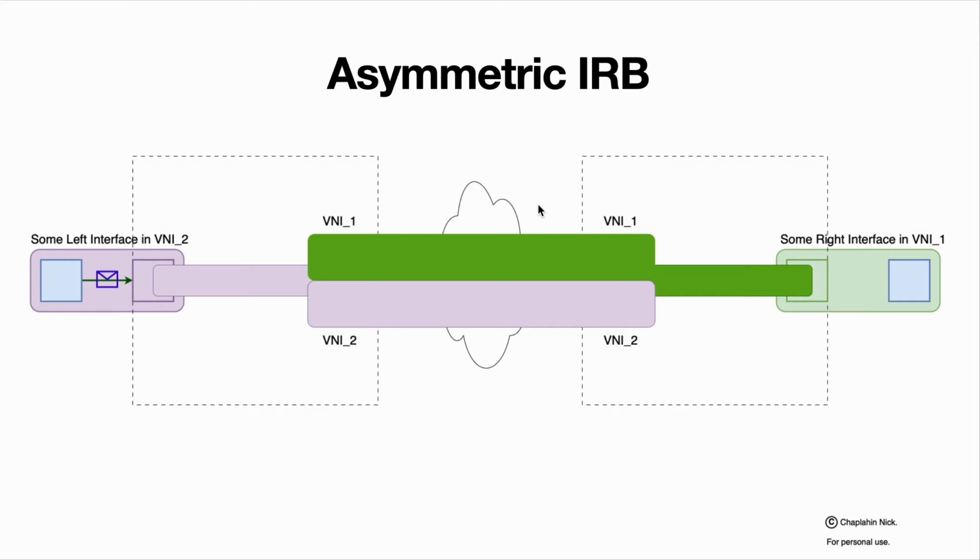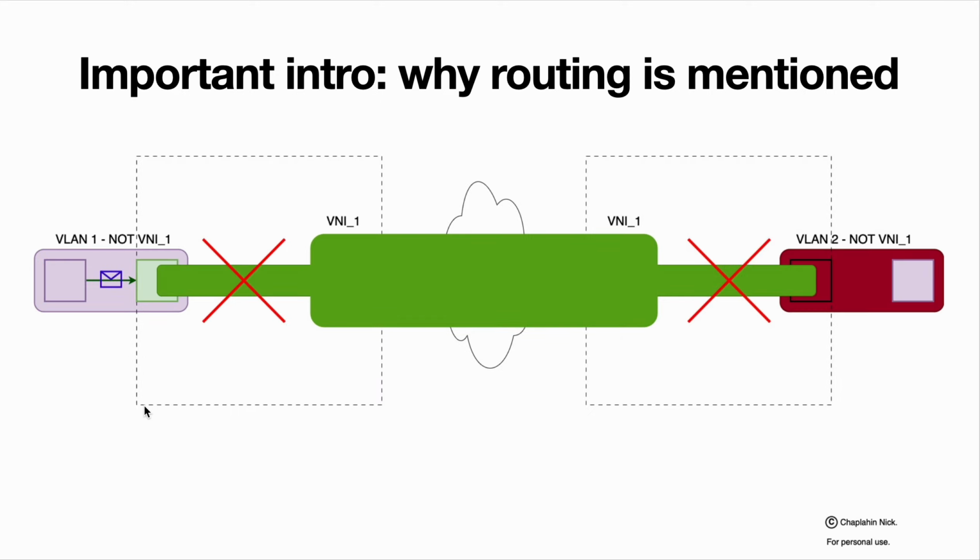In the asymmetric model, one interface is not part of the tunnel VNI and the second is always egress. But let's look at the symmetric schema first, it's easier. In the symmetric schema, all interfaces are not part of the tunnel VNI, neither are the devices behind those interfaces.